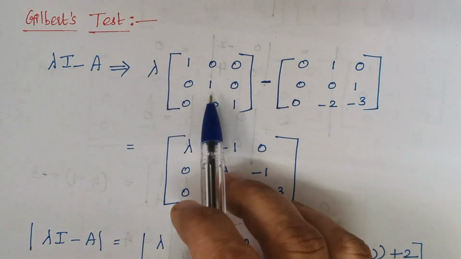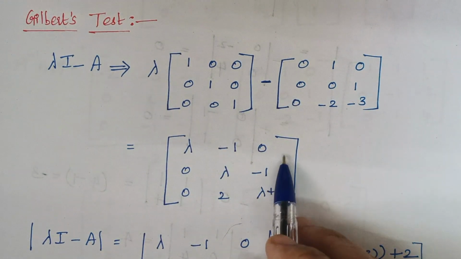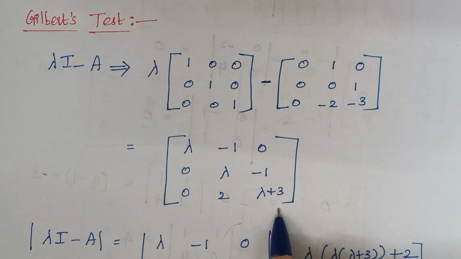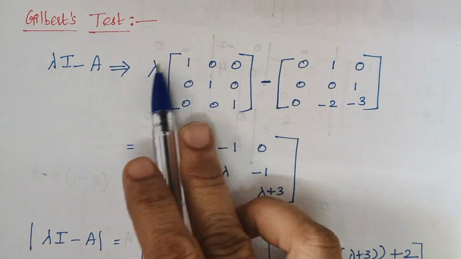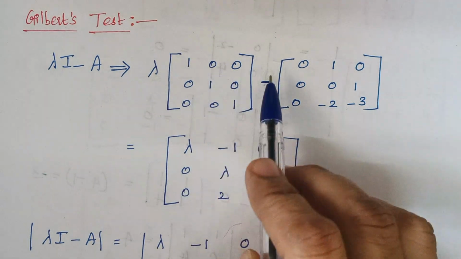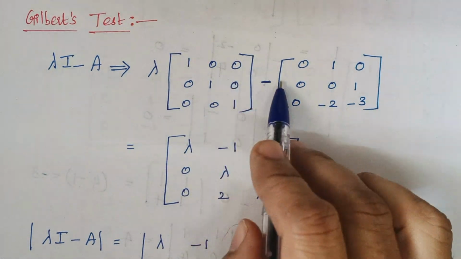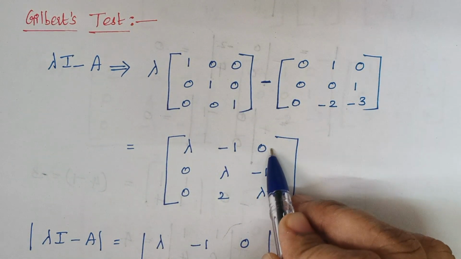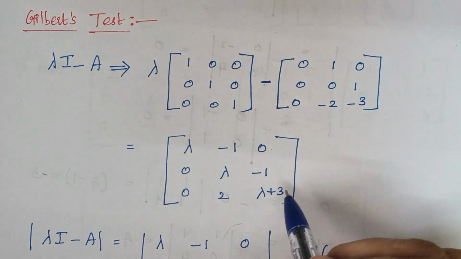When you do the subtraction, we get the answer like this: 1 into lambda is lambda, lambda minus 0 is lambda, 0 minus 1 is minus 1, and 0 minus 0 is again 0.